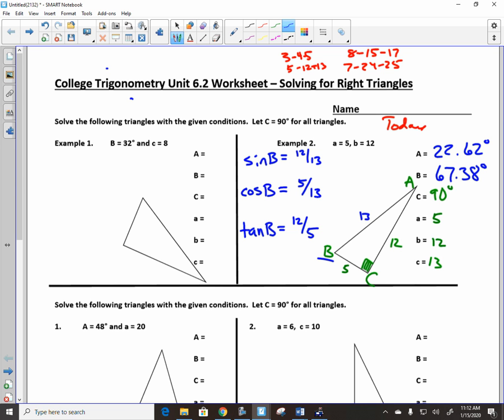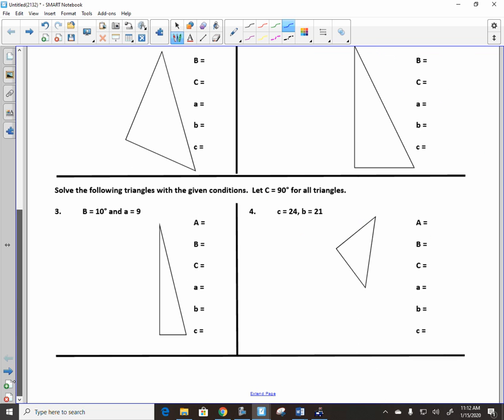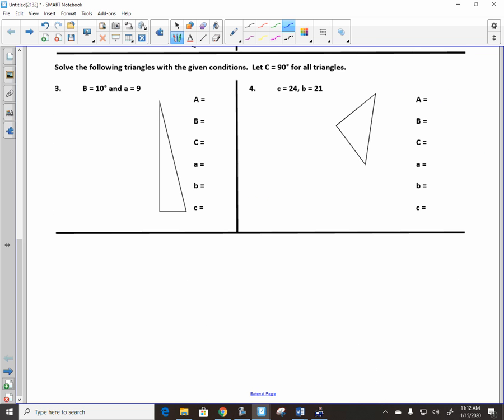Yeah? Let's try number 4, and you'll have the rest of the time to work. I label it. This is angle C, or 90 degrees. Side C is 24. I'll call this A. I'll call this B. What would you like to solve for first? Solve for side A. What do we do to solve for that?